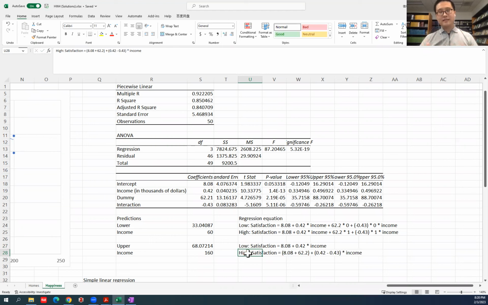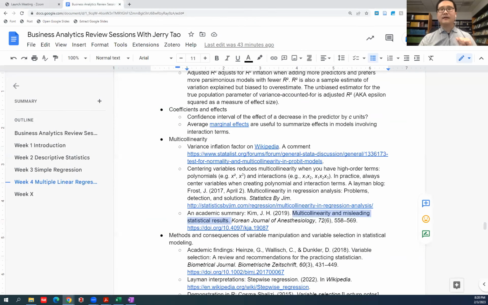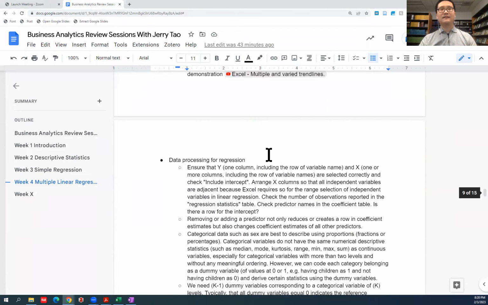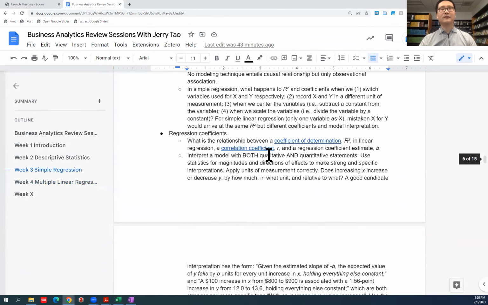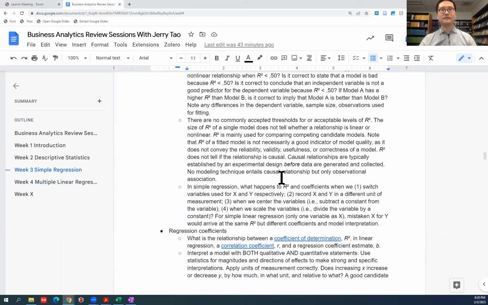And when we supply any qualitative statement, it's always very good to give a quantitative assessment. So for example, by difference, how much do they differ, from what to what? That's why I supplied a good template, as shown here in the week 3 illustration about the regression equation.